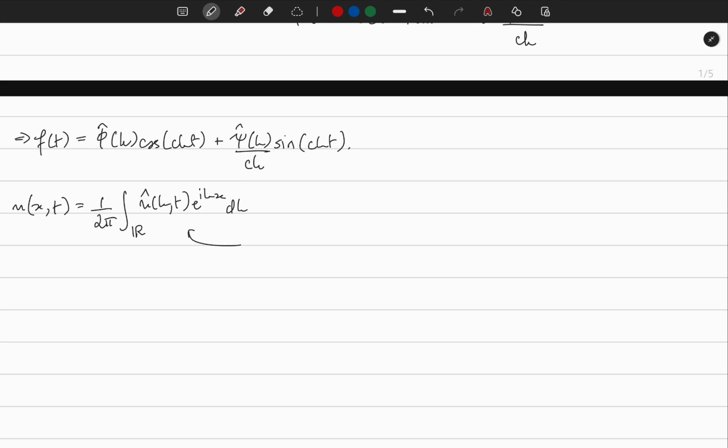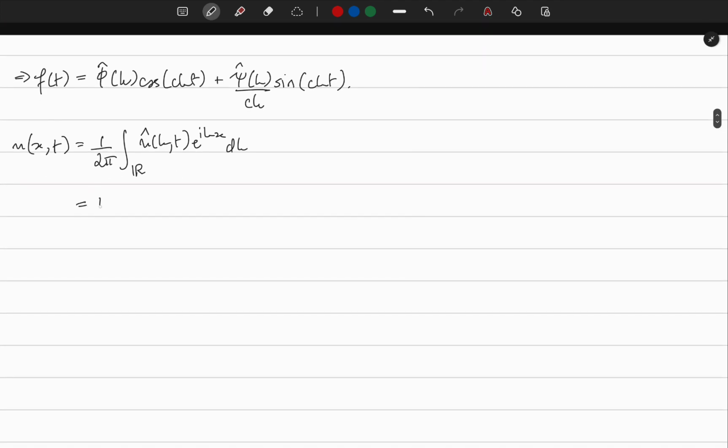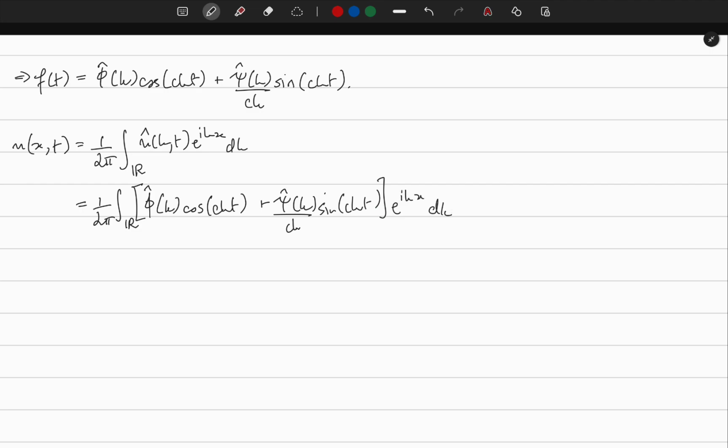So we would put in u hat, which would then be 1 over 2 pi integral going over the reals, so the reals is negative infinity to infinity, of this f of t that we found, because f of t equals u hat. So phi hat of k cosine ckt plus psi hat of k over ck sine ckt. We've got to put these in brackets because we're multiplying by a factor of e to the ikx dk.